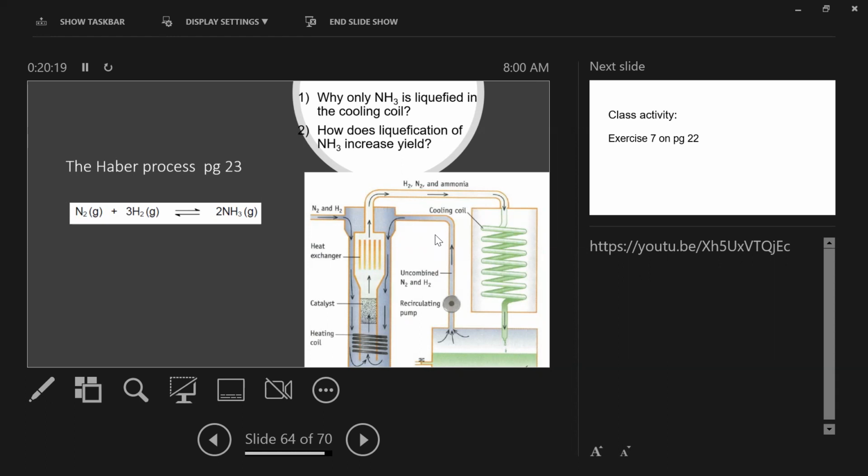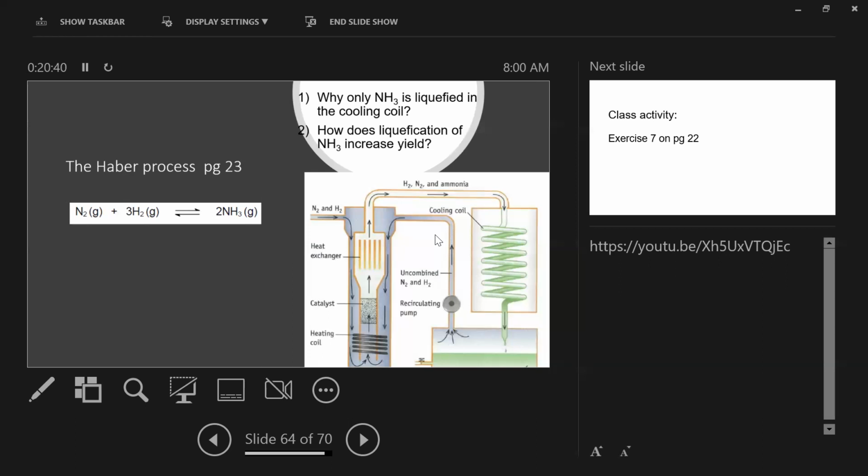If it's a lower boiling point, is it more volatile or less volatile? Lower boiling point, easier to evaporate, right?